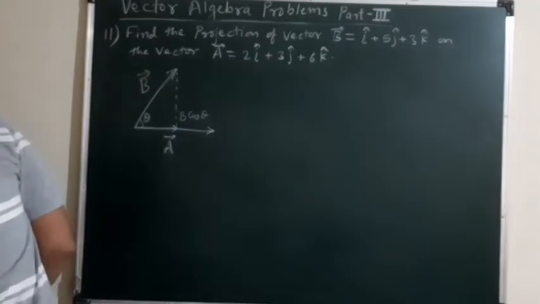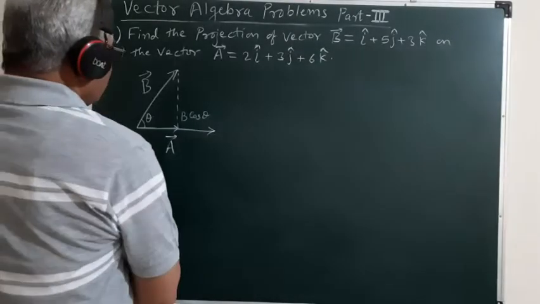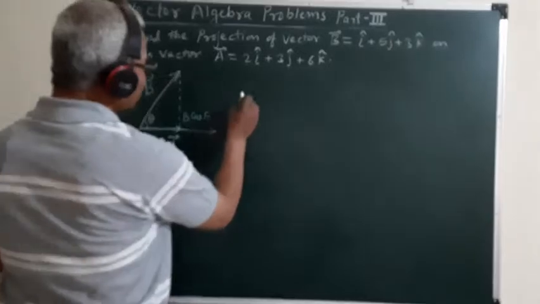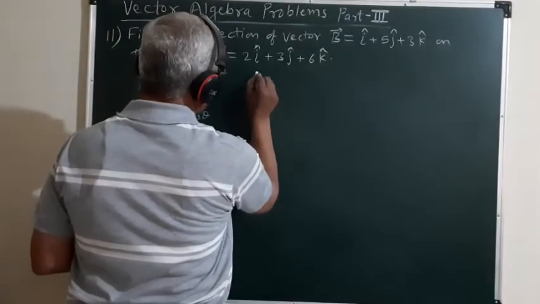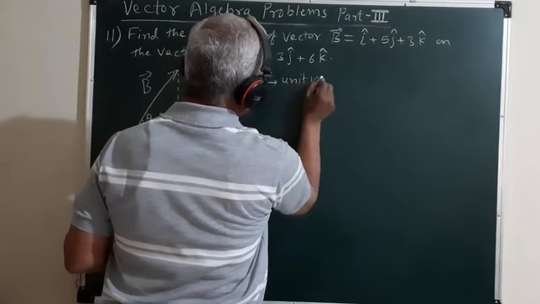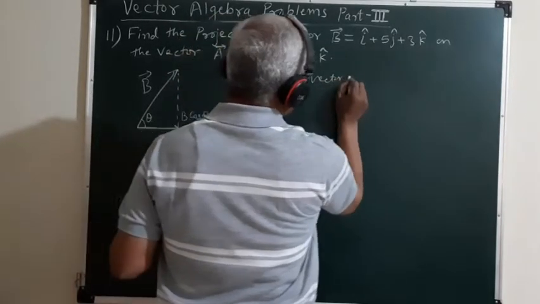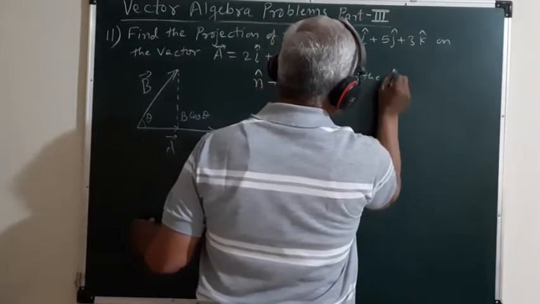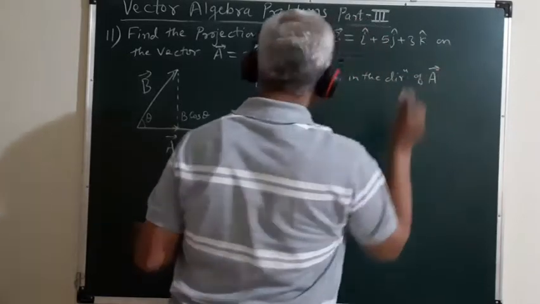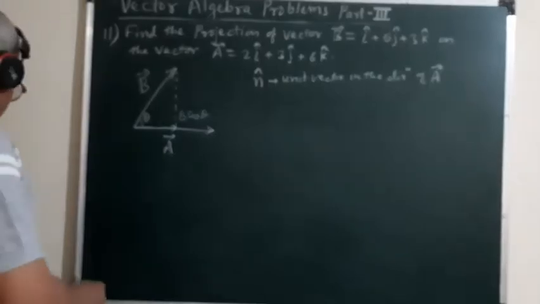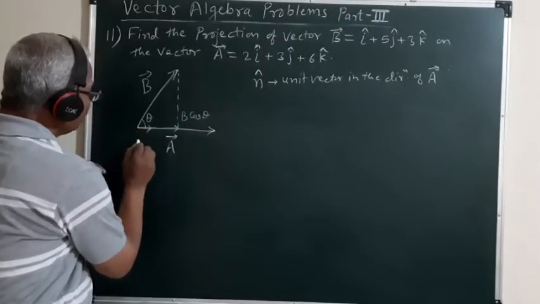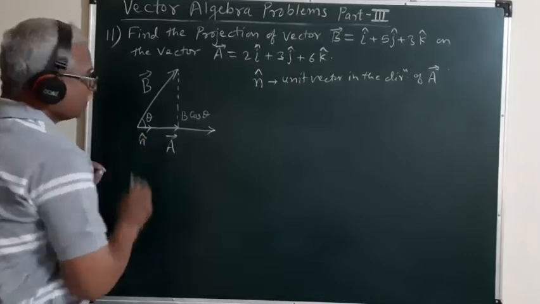So let us consider we have the vector n cap is the unit vector in the direction of a bar. Let us consider n cap is the unit vector in the direction of vector a bar.